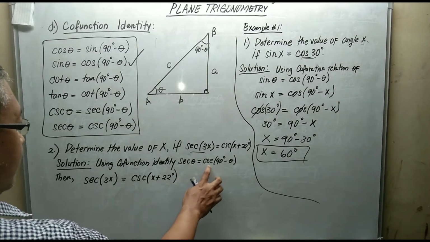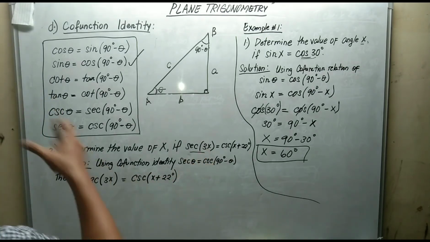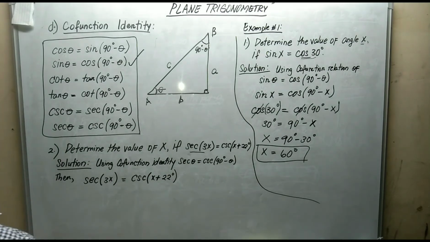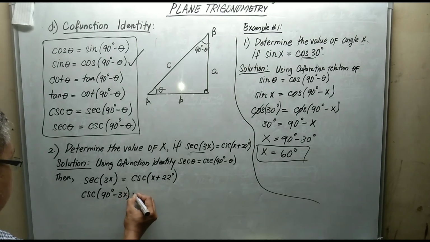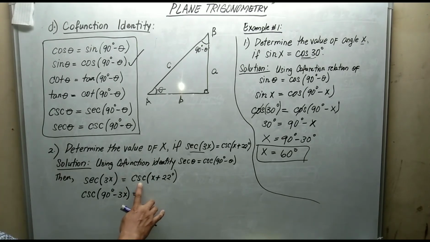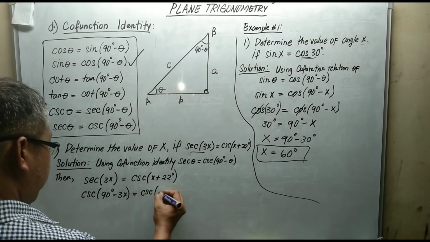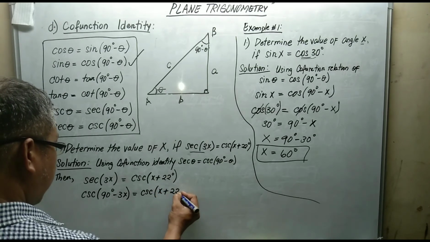Secant theta will be equal to cosecant 90 degrees minus theta. So since our theta is times 3, so cosecant, this one, 90 degrees minus 3x, is equal to this one, guys, cosecant x plus 22 degrees.